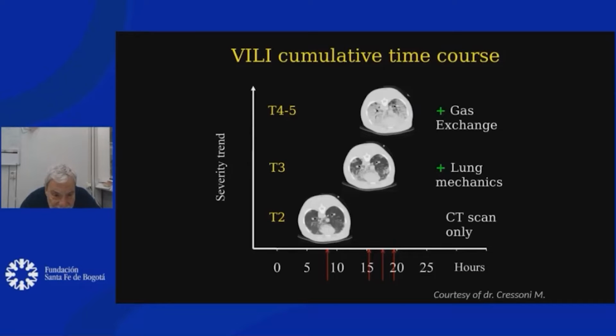And you see the first manifestation of the VILI are these little knobs here around the border between visceral and lung pleura, because we have the greatest difference in elasticity over there. And you see here it increases. At this point, we have some problem with the mechanics. Then we have some problem with gas exchange.